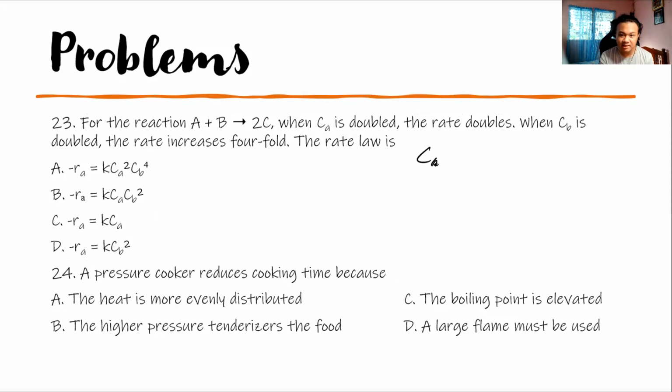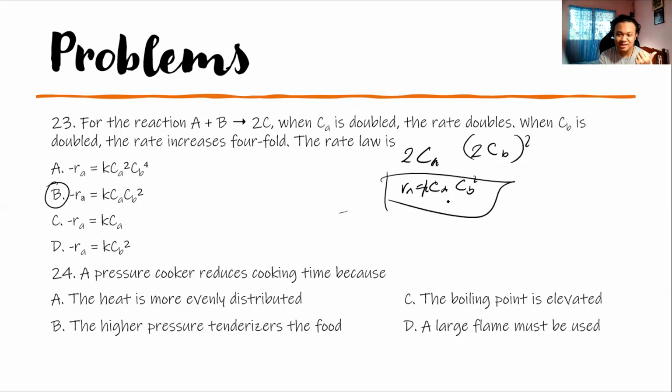When CA is doubled, the rate doubles, right? When CB is doubled, it becomes fourfold, so that means this is squared. You can see the pattern now. So the rate equation is rate equals k CA CB squared. So we found that easily.